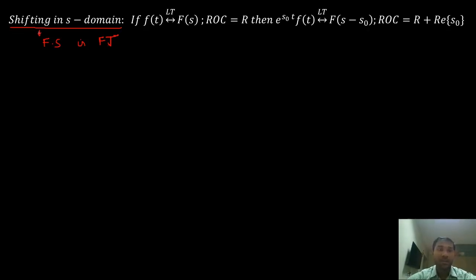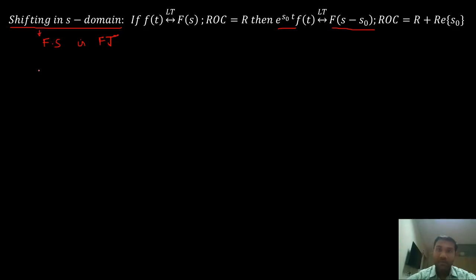Analogous to that, in Laplace transform we have shifting in S domain. We don't call it frequency shifting here, we call it shifting in S domain. So what happens if there's a shift in my S domain? There will be a corresponding phase shift in the time domain signal, right? That is what we are going to show.